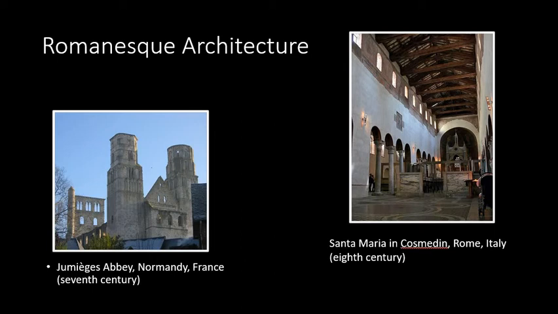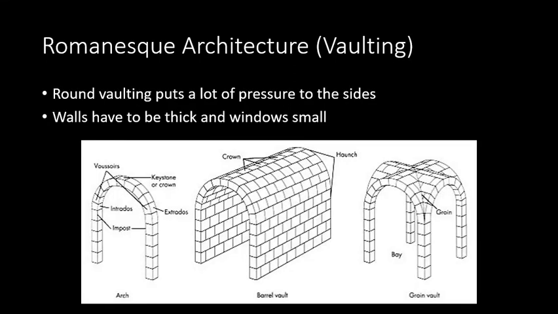They just aren't that large and would limit the amount of incoming light. You can see here at the Jumièges Abbey in Normandy and the Church of Santa Maria in Cosmedin, Rome. Again, towering, imposing, but neither light nor elegant. So, what's the limitation? Builders are still using Roman building techniques, especially vaulting.